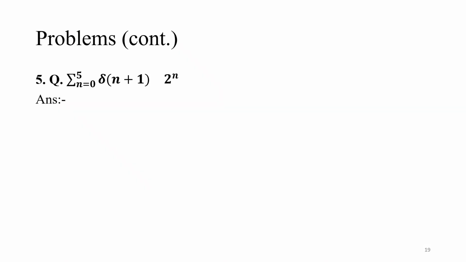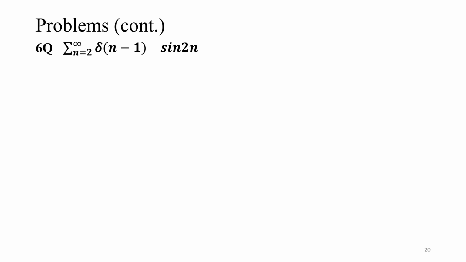Next, del of n plus 1 times 2 to the n. Here when n plus 1 equal to 0, del of n plus 1 equal to 1. So n plus 1 equal to 0 means n equal to minus 1. Here the range is 0 to 5. As the range is 0 to 5, we cannot consider it here. So our answer will be 0. Similarly, del of n minus 1 sine 2n.